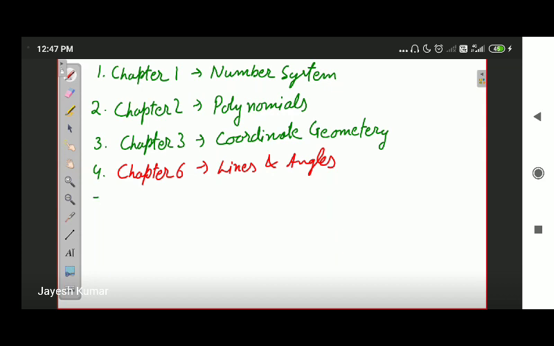Then fifth is chapter number 7 that we are doing currently, triangles. Then chapter number 8, that is quadrilaterals.